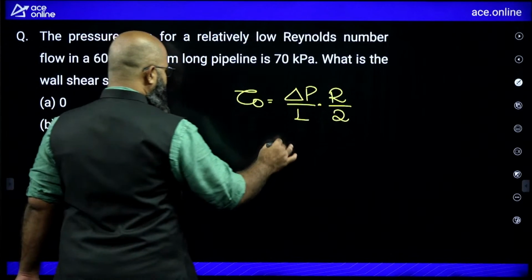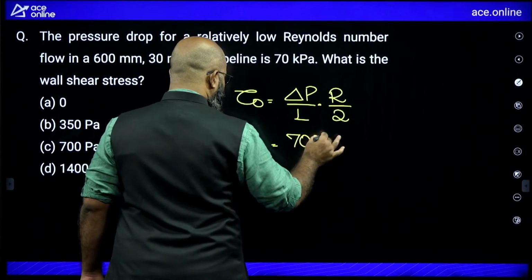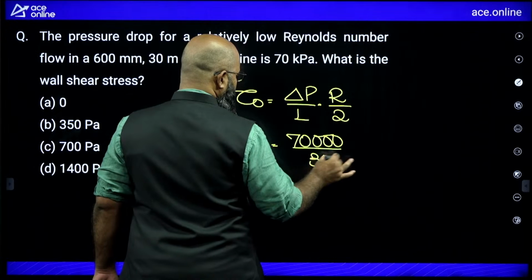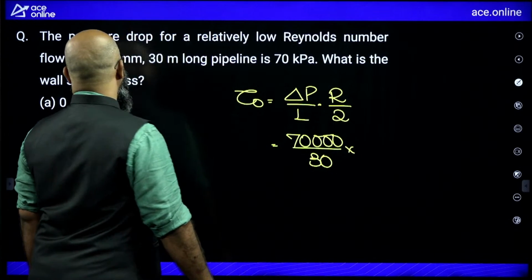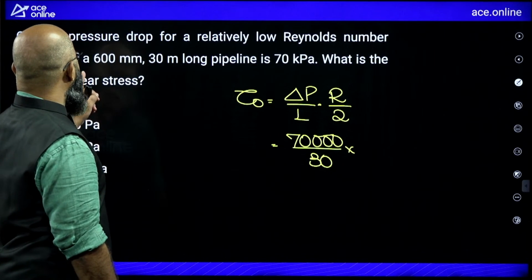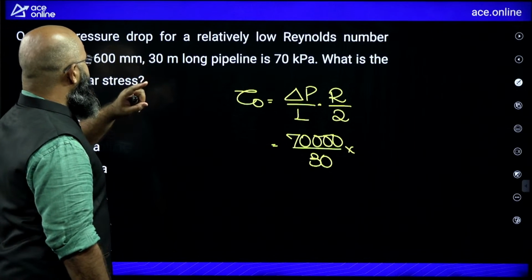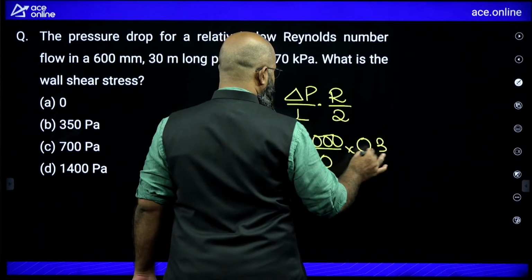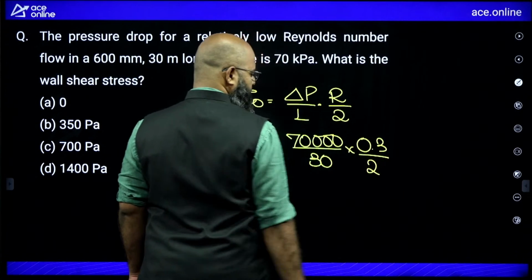Delta P over here is 70 kilopascal. So 70 followed by 3 zeros. Length over here is equal to 30 meter. R over here, now he's saying the diameter is 600 mm. That is 0.6 meter. So radius will be equal to 0.3 meter, divided by 2.